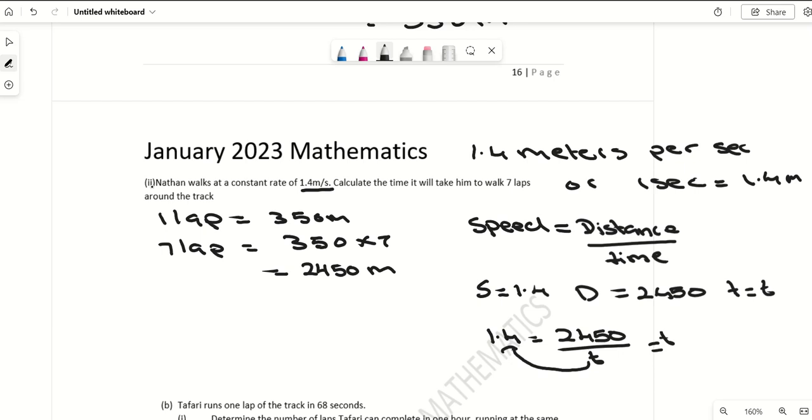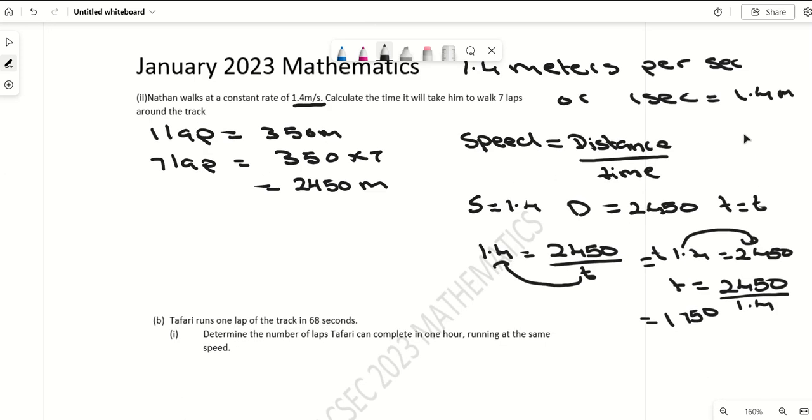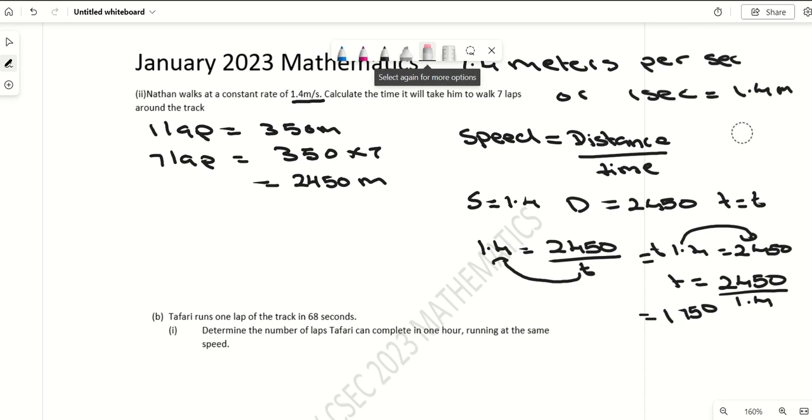So it's t times 1.4 is equal to 2,450. And then you carry across the 1.4, so t is equal to 2,450 divided by 1.4. If you do that, 2,450 divided by 1.4 is equal to 1,750 seconds. All right, this is the first way to do it.